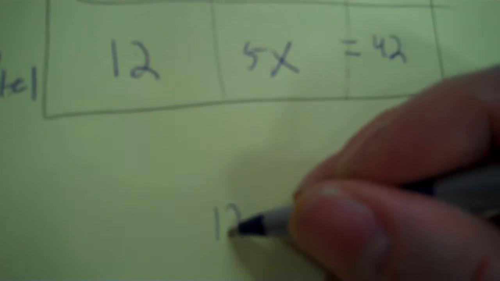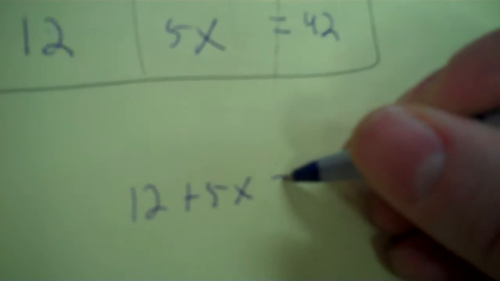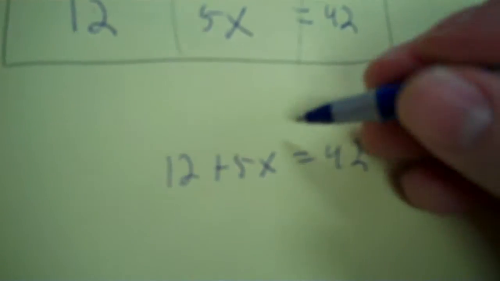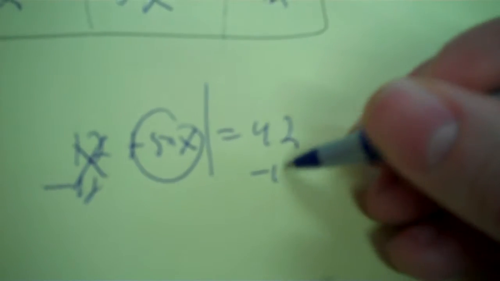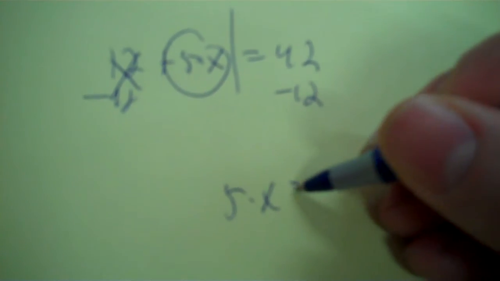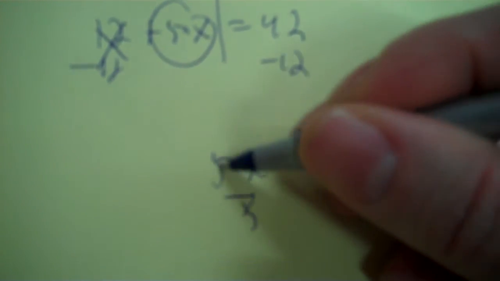Not x5, 5x. And now you have your equation to solve. 12 plus 5x equals 42. Okay. So, take out your 12 by subtracting, and that's 30. Then divide by your 5, and we end up with 6. 6 Butterfingers.